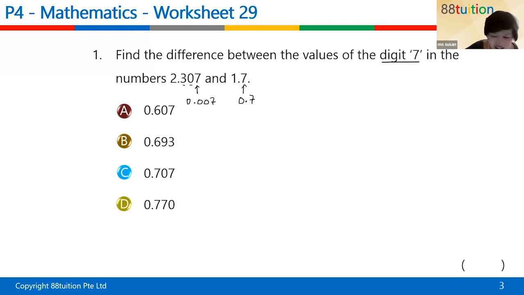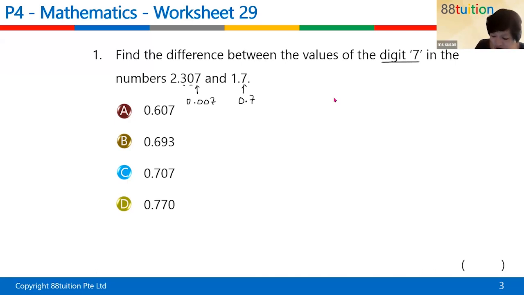Okay. So 0.7 and 0.007, which is the greater value to minus? Come on, put your response in the chat function. 0.7, good.